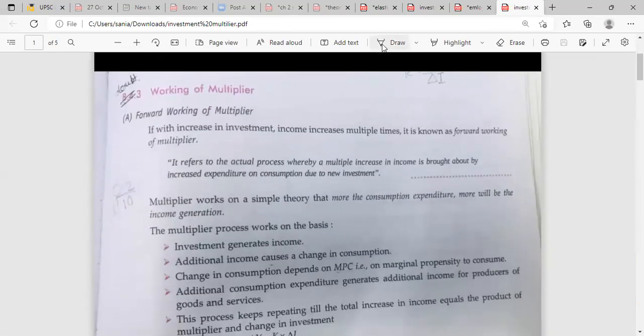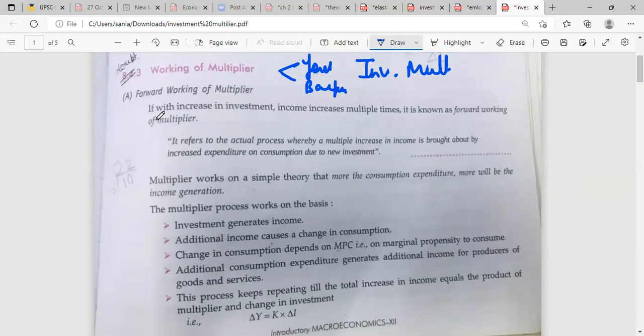Okay, so now we are doing the next topic, which is the investment multiplier. A very, very important topic. First of all, with the investment multiplier, you have two things: one will work forward and one will work backward. So, the working of the multiplier.